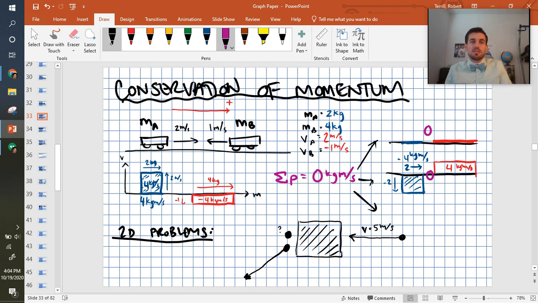Our last option is maybe somewhere between those two. Maybe mass A bounces off, but it's only going back by 1 unit, so it has a momentum of -2 kilogram meters per second. And mass B is going to keep going forward, but not very fast at all. So it still has to be 4 over because it's the same mass, but it's only 1/2 velocity unit.